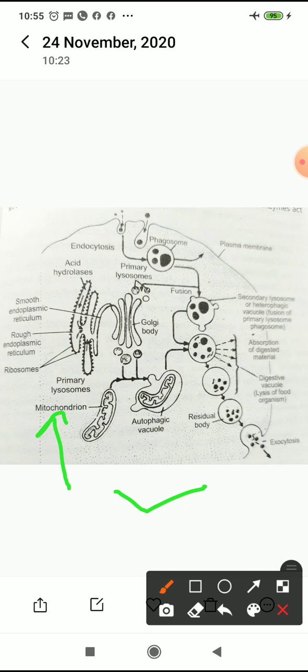Digestive vacuoles, also called heterophagosomes, are formed by phagocytosis or pinocytosis of foreign material by the cell. These are actually secondary lysosomes which contain engulfed material within the membrane.